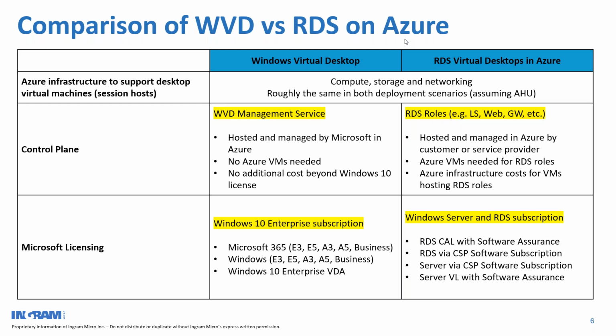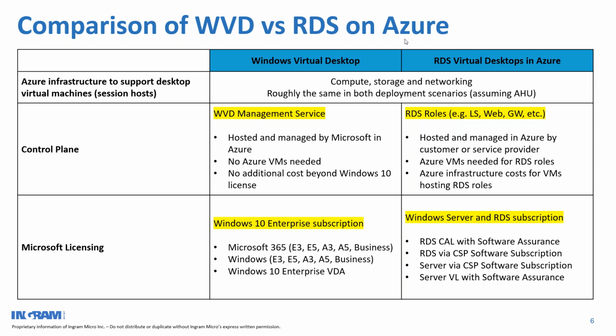If your customer is using any of the Microsoft 365 plans mentioned here, which is E3, E5, A3, A5, or even business, then he is covered for the Windows 10 license, which means if he is using M365, then Windows Virtual Desktop is a potential upsell that you can go ahead and offer to your customer, because he already has a license with him which he can reuse for Windows Virtual Desktop.